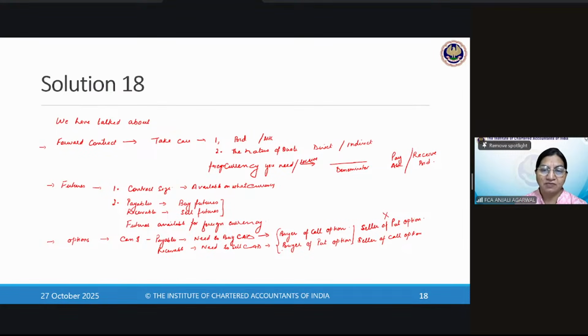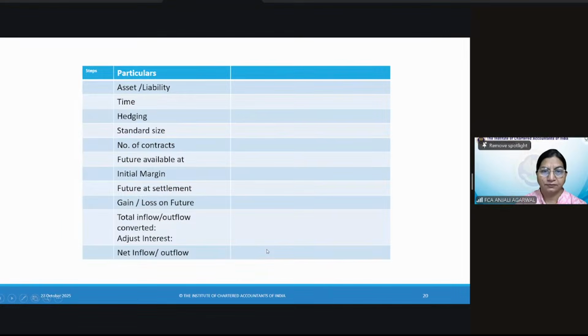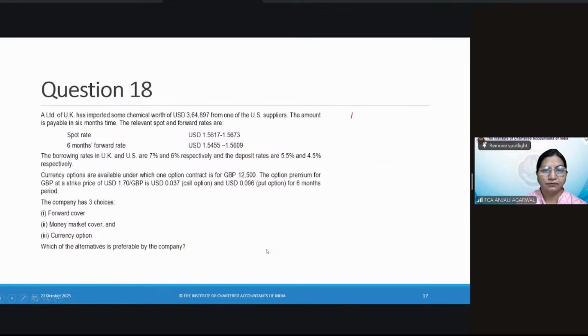It will come from the spot market. So you need to see how much home currency you need for that, and you can borrow that from the home country. So that is a recap of what you have to take care of when dealing with options, futures, etc.